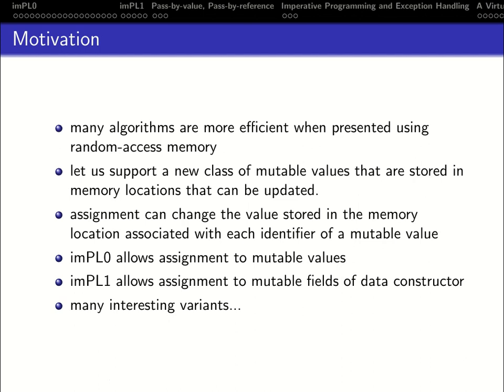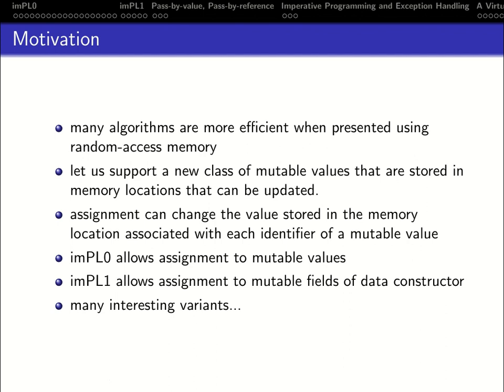So we're still going to do it in a sort of functional programming way, right? We're going to define a class of mutable values as opposed to the regular values that we can have. All right, and then we're going to define assignment for that. And we're going to have another hierarchy of languages, right?